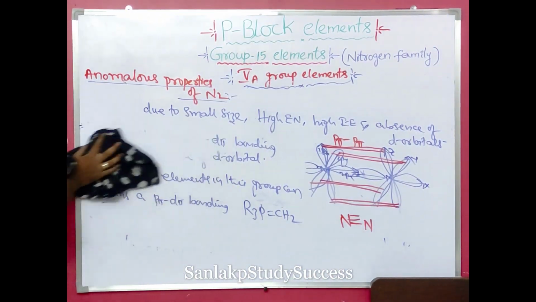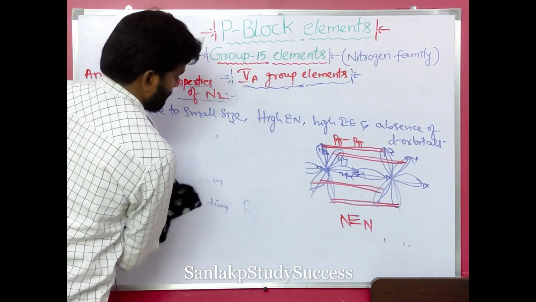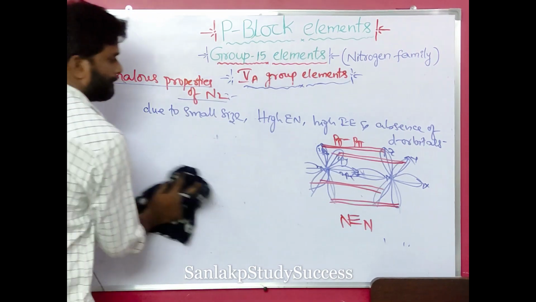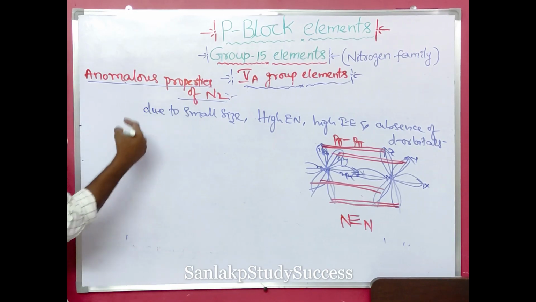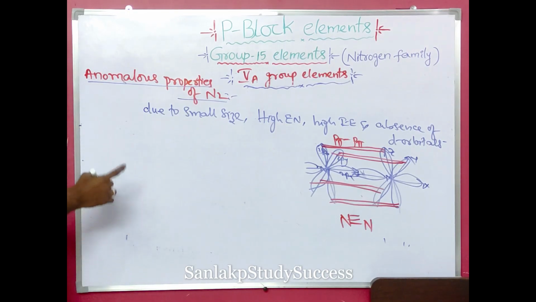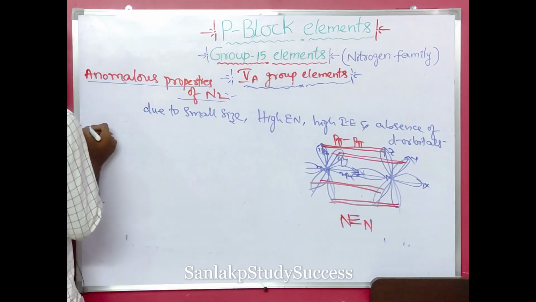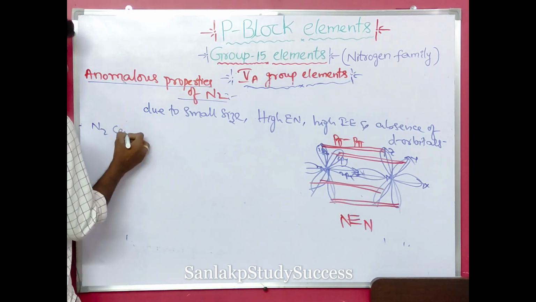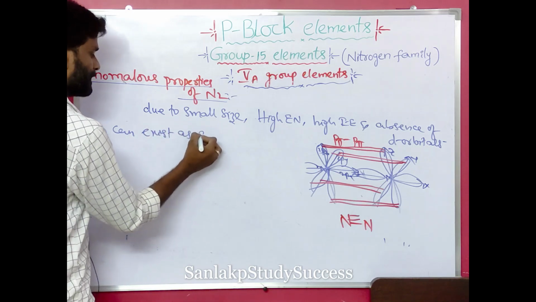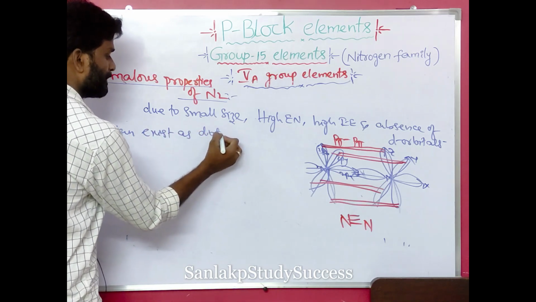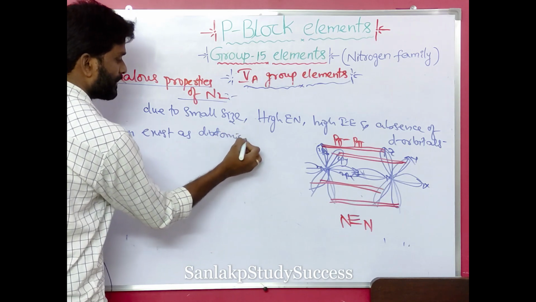Nitrogen exists as a diatomic molecule. Remaining elements can exist as tetraatomic. N2 can exist as a diatomic gas due to p-pi bonding.